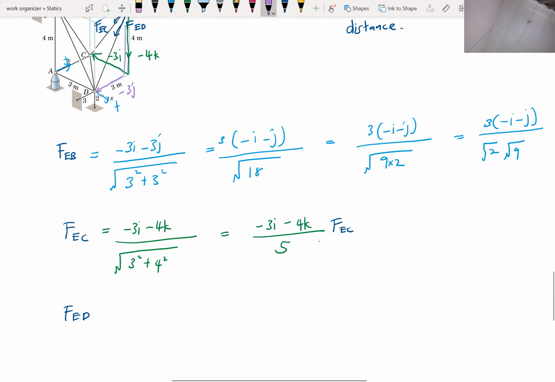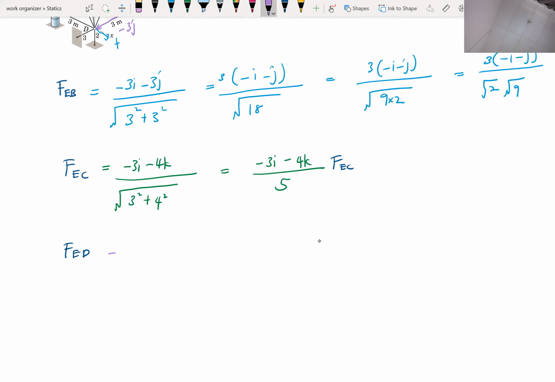So FED is equal to negative 3j minus 4k. So 3 squared plus 4 squared is equal to 25. Negative 3j minus 4k over 5, and the value.